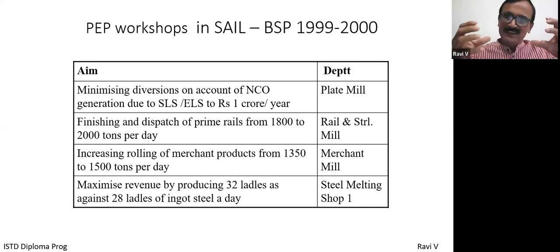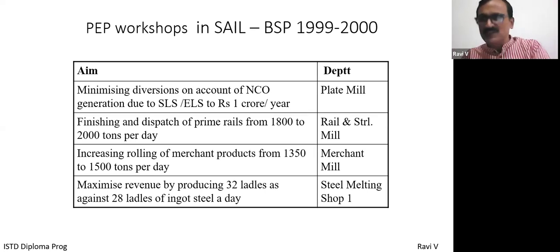Can you believe it? That was the best period in my entire career, with people knocking at my door: Ravi, do a workshop for me, I also have a problem. Here with us, the railway structural mill was trying to improve because they had a big challenge.